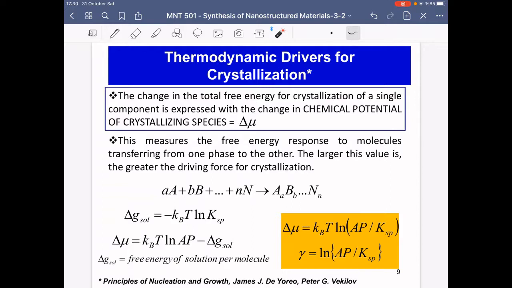And if I define this, you can also call it a big S, because I'm going to use this notation somewhere else in my upcoming slides. This is called how saturated my solution is. This is defined by this expression. This is like the concentration amounts that I put into my system, and this is my equilibrium constant.